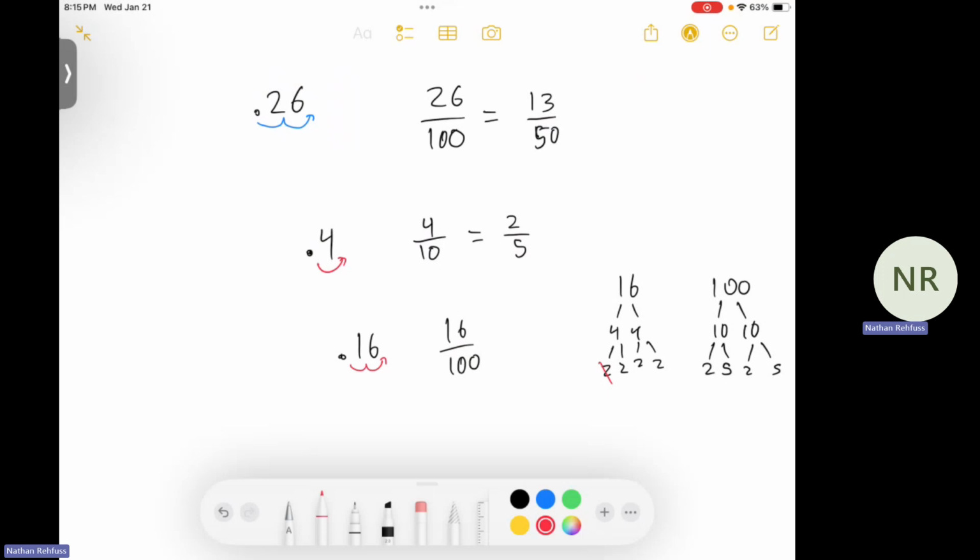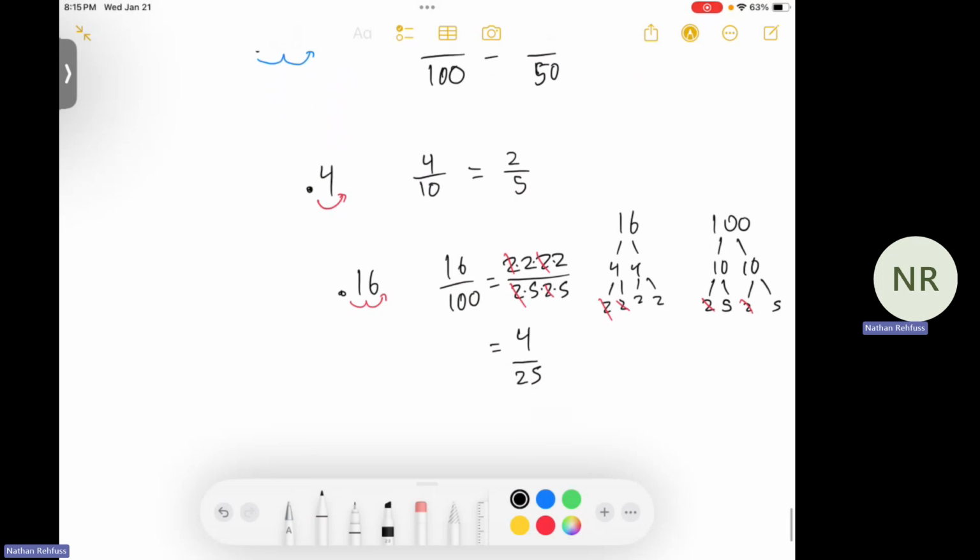So I'll cancel out 2 pairs of 2s and get 2 times 2 over 5 times 5. It's 4/25.